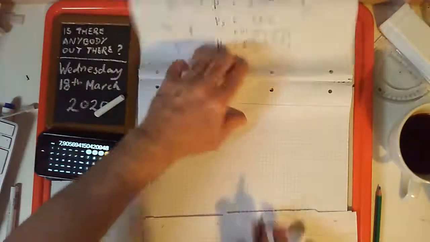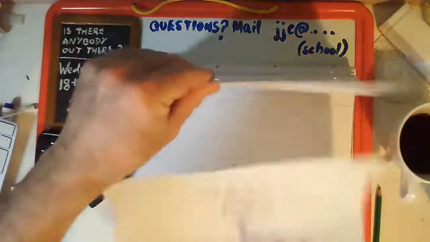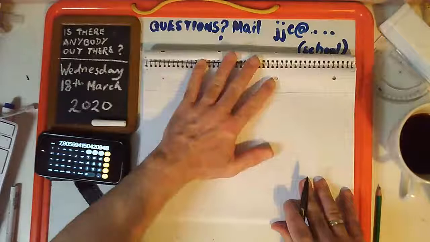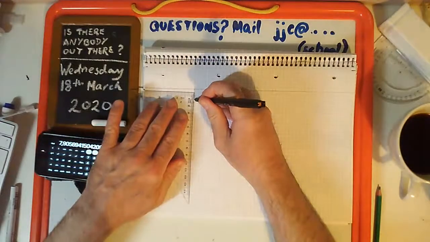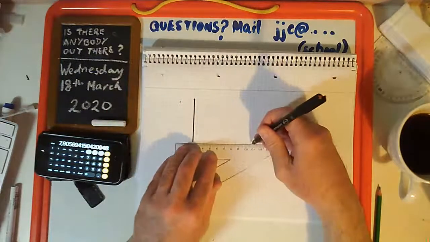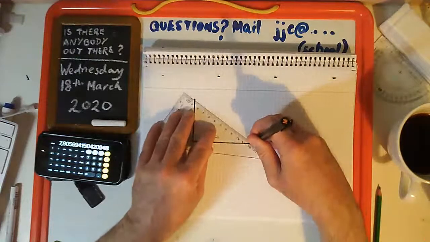So the second kind of question you can get is where you're working out the missing side, but it's one of the shorter ones. So again, let's draw a random triangle here, like that.